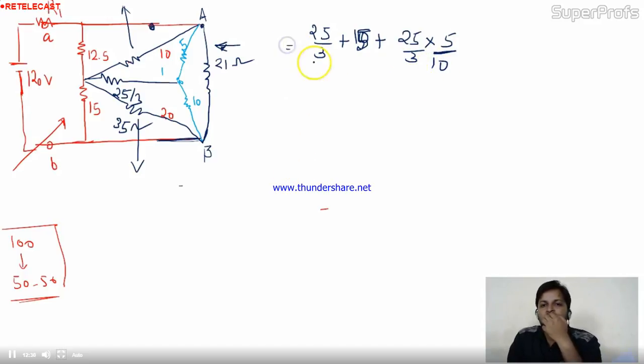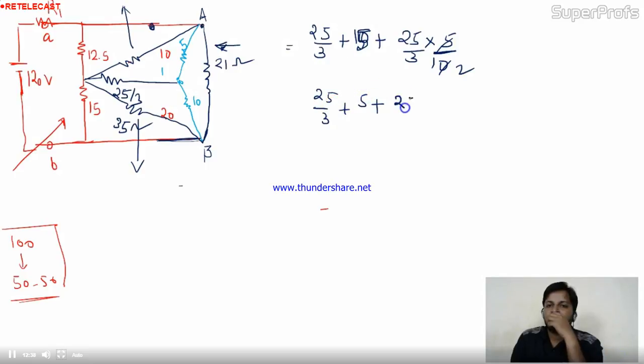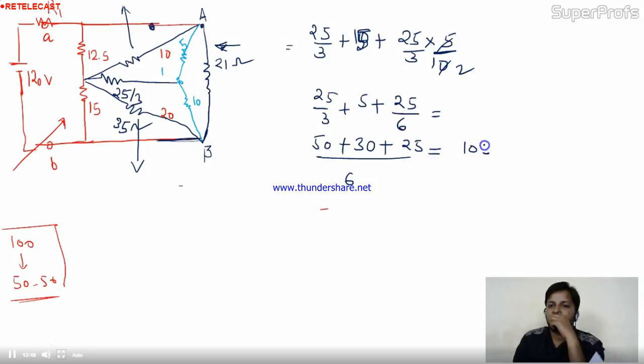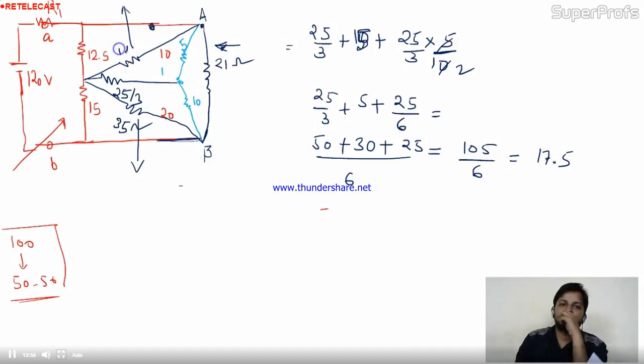So this is 25 by 3 plus 5 plus 25 by 6. When you take the LCM, we are having 50 plus 30 plus 25, that is 105 by 6. So when you divide, you will get 17.5.